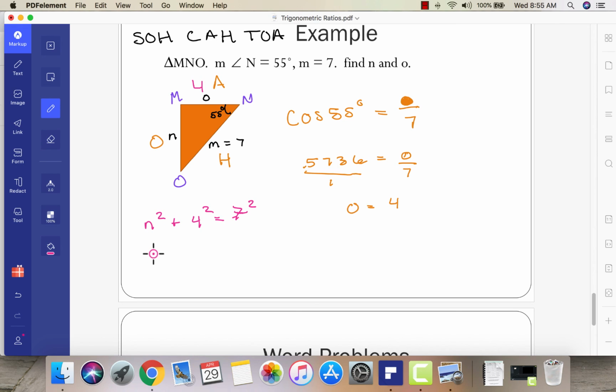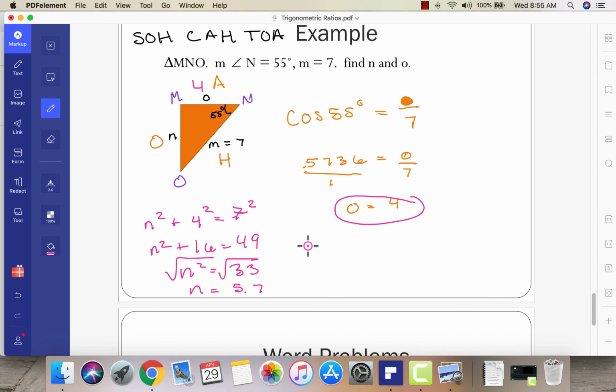All right, so 4 squared is 16, and 7 squared is 49. I'm going to subtract 16 from both sides, and I get N squared equals 33. Then we are going to square root both sides, and N equals 5.7. So my sides are O is 4 and N is 5.7.